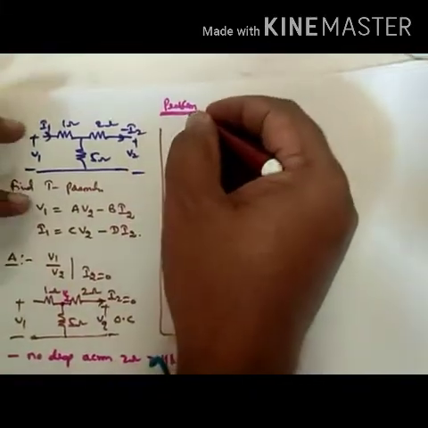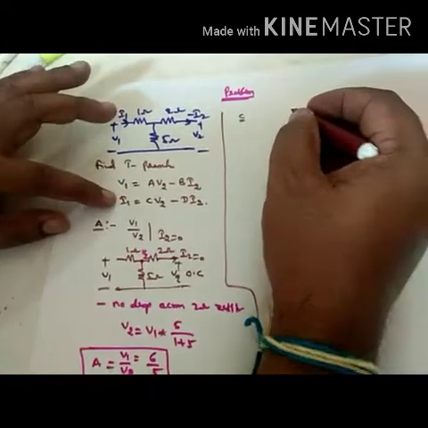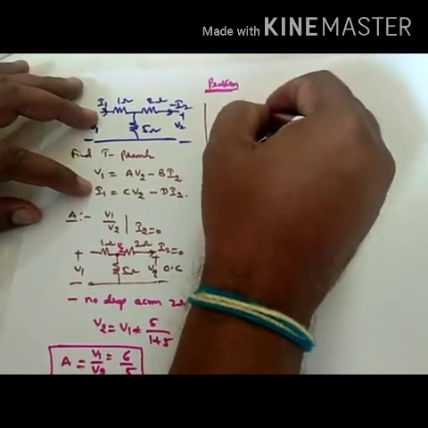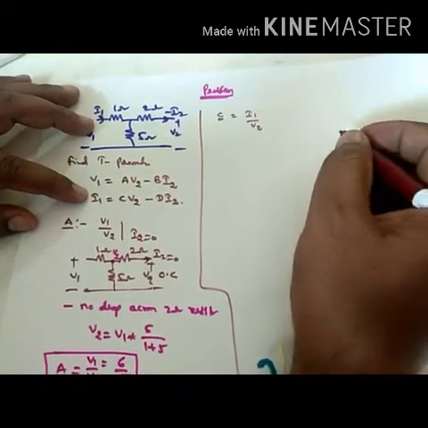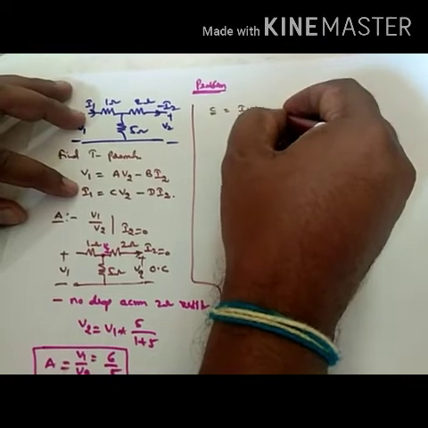Then similarly find C. C is equal to I1 by V2 under the same condition, I2 equal to 0.